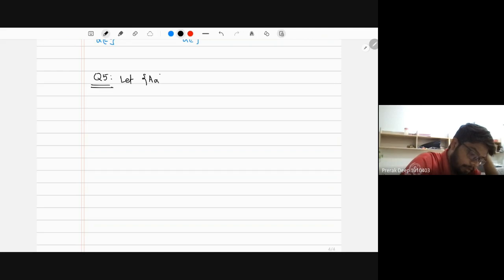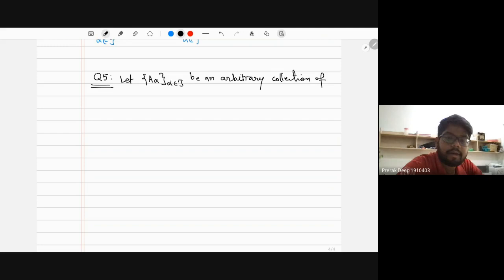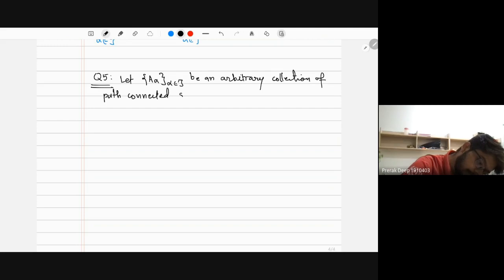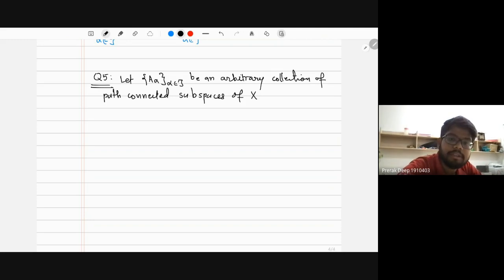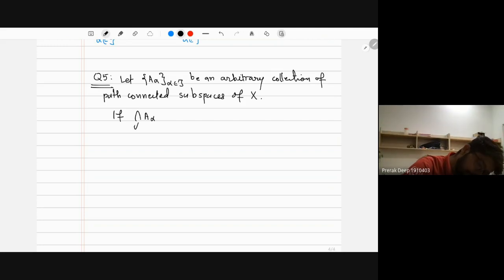Let A alpha be an arbitrary collection of path connected subspaces in a topological space X. If their intersection is non-empty, then which of the following is true?